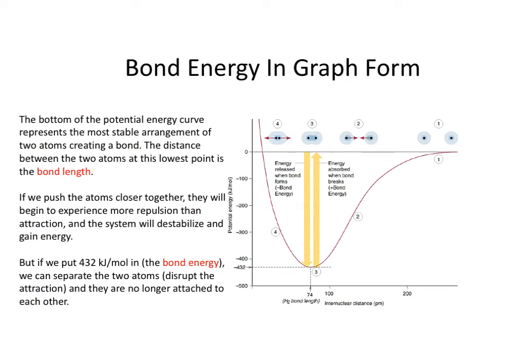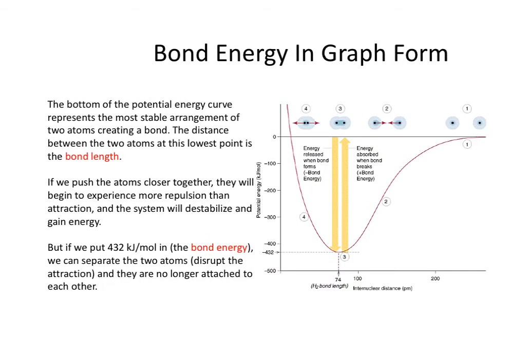We've mentioned bond energy curves before, but I just want to emphasize it is important to understand them and be able to interpret them. A bond energy curve has energy of the system along the y-axis and bond length, or internuclear distance between the two atoms that are bonding, along the x-axis.